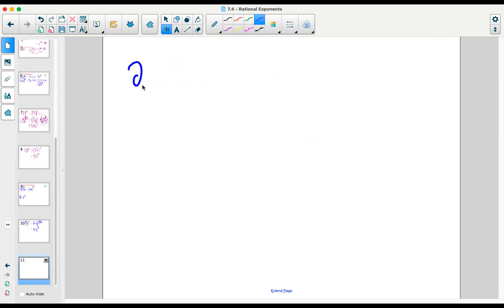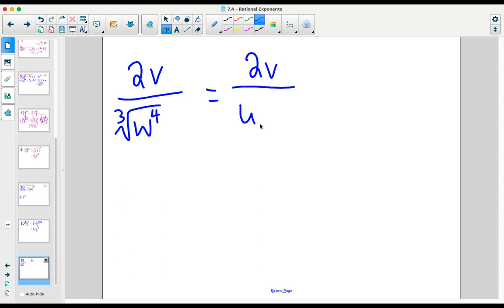In this next example, we're going to have a similar situation, but this time the root is going to be in the denominator. No difference to us, and frankly, actually a little bit easier to write, because we want to represent that root as just being part of the denominator. If we want to write the expression with no fraction, we can move the divisor back into the numerator with the 2v and flip the power to being negative to show that division.